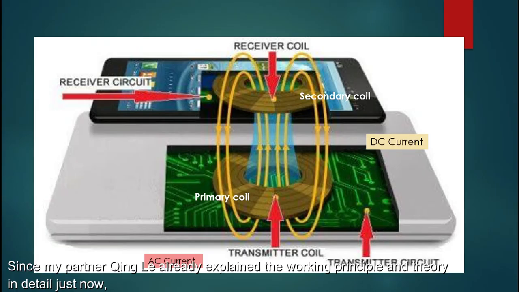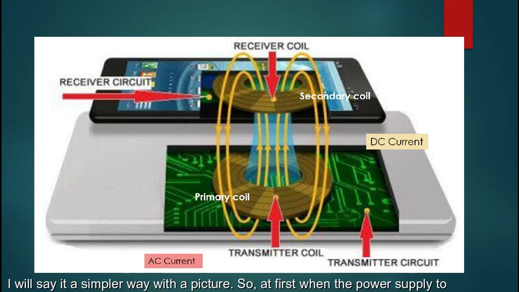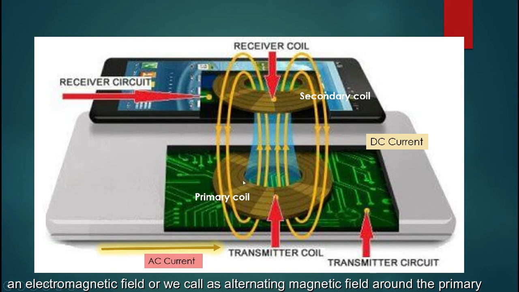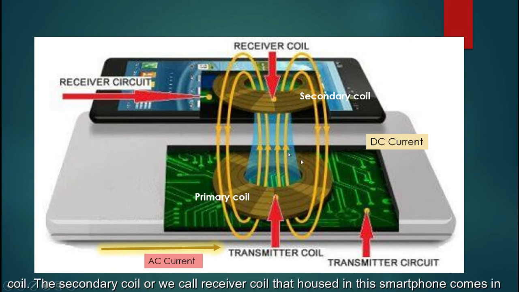Since my partner Qingle already explained the working principle and theory in detail just now, I will say it in a simpler way with a picture. At first, when the power supply to the charging base is switched on, AC flows through it. The AC current will produce an electromagnetic field, or alternating magnetic field, around the primary coil.